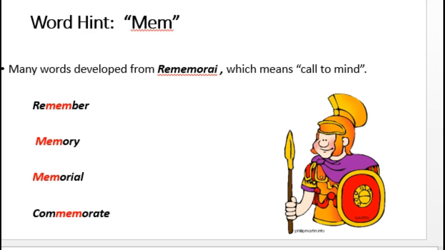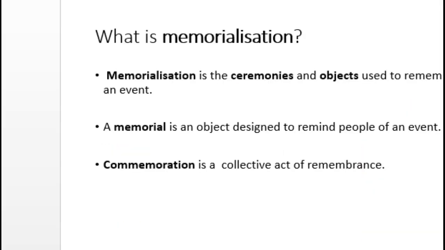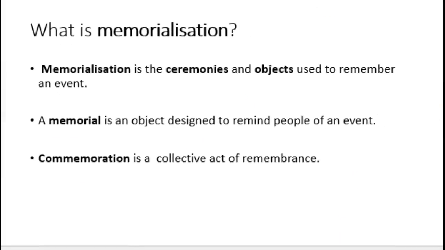Now let's move on. I want you to take out your sheets and let's make a start. Our key concepts are to think about, firstly, what is memorialisation? That refers to the ceremonies and the objects that we use to remember any event. A memorial is simply an object designed to remind people of an event, and commemoration is a collective act of remembrance.